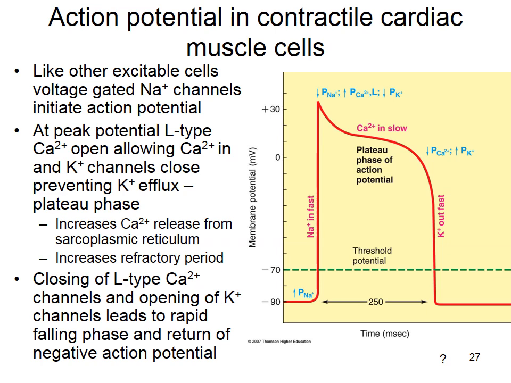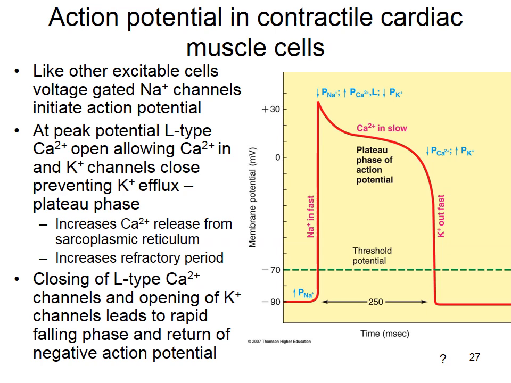We've got our autorhythmic cardiac cell action potential up on the board. And now let's add the cardiac contractile muscle cell action potential. So here we have an even lower threshold potential. You have resting potential at minus 90 millivolts.